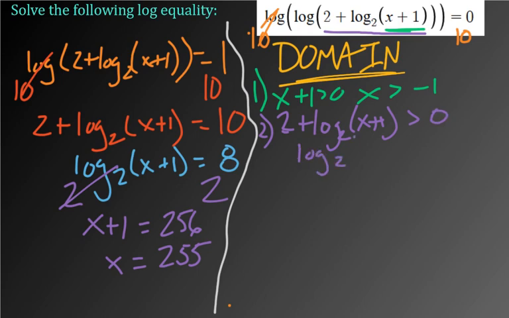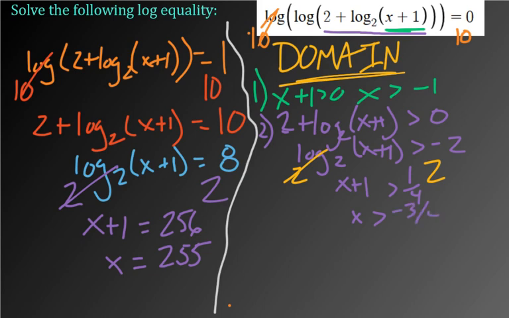So log base 2 of x plus 1 needs to be greater than negative 2. And then I can just use inverse operations. Do 2 to this side, 2 to this side. You're going to get x plus 1 needs to be greater than 2 squared is 4, so negative in there would just be a 1/4. And so then x would just need to be greater than minus 3/4.